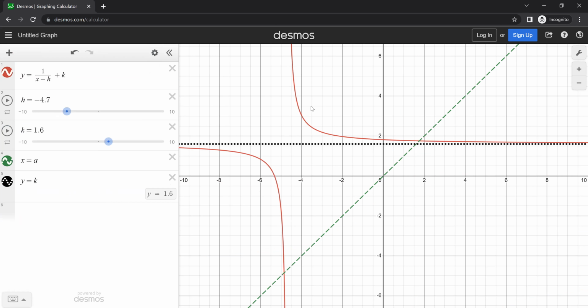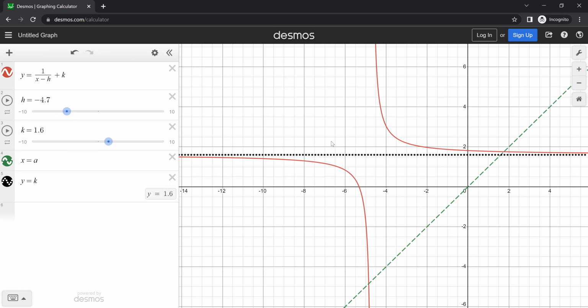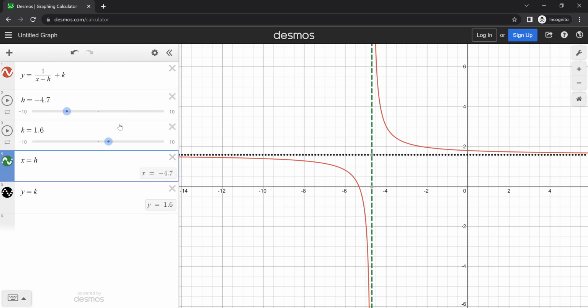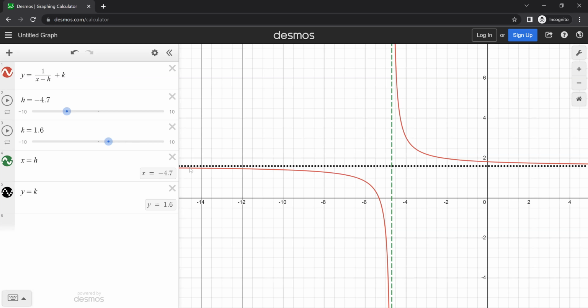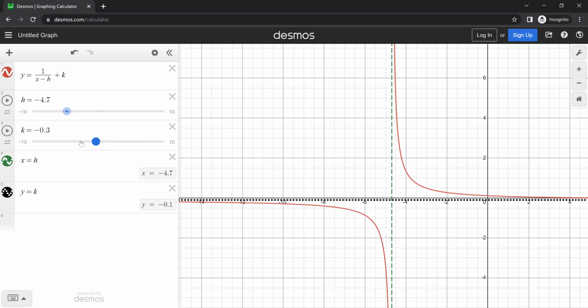Sorry if the screen's getting a little busy, but this is important here. Okay, so what do you notice about this black line here? Especially when I start moving this around.